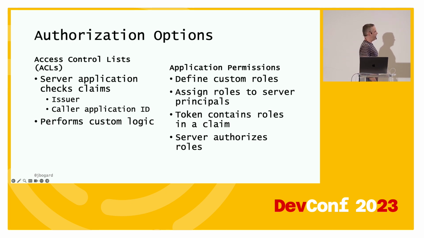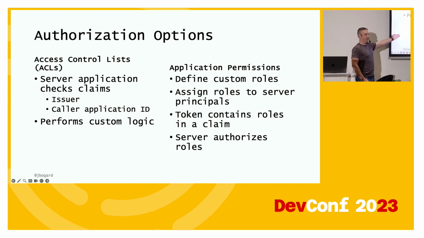One is ACLs, access control lists. The idea here is that a server will check the claims on the token and perform any kind of custom logic whatsoever. They want to say, okay, they have this claim, they can access this data. So this first option is basically do it yourself. Things come in the token, you check things in the token yourself, and that's all you can do.